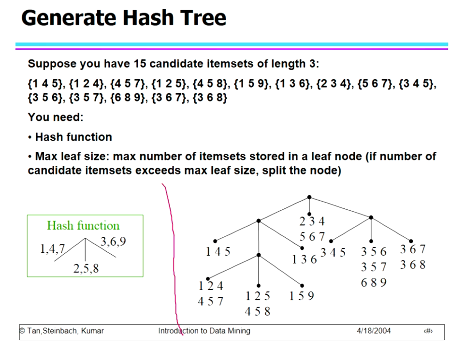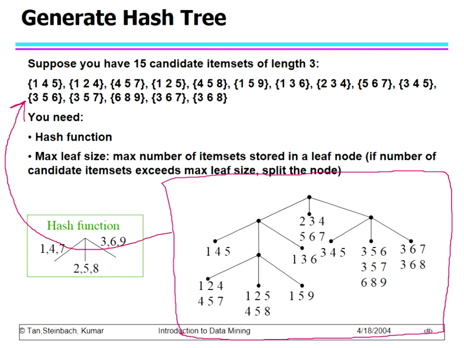So this is the hash tree that corresponds to these 3-item sets. Our hash function is x modulo 3, the rest of the division. So we will find in the left 1, 4, 7, in the middle 2, 5, 8, and in the right 3, 6, 9.